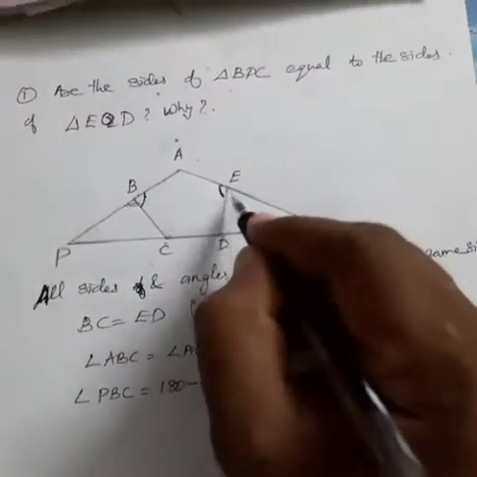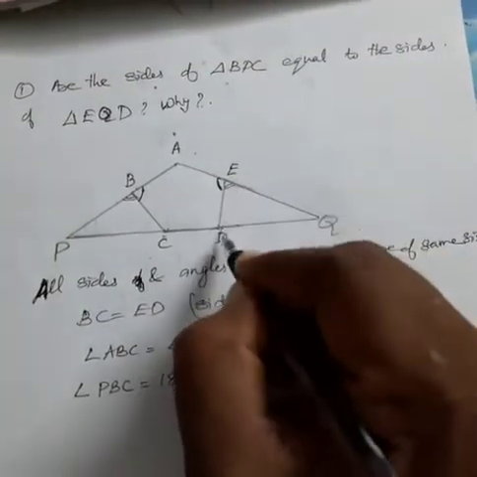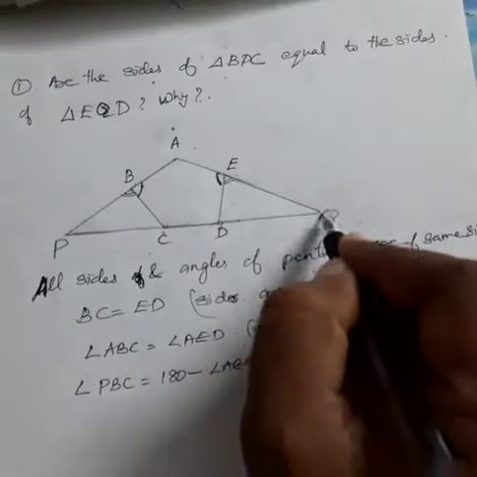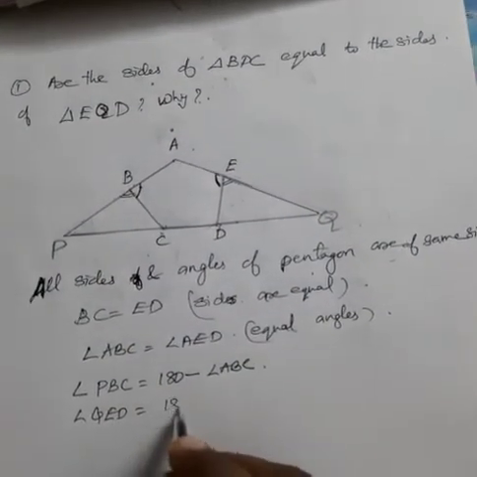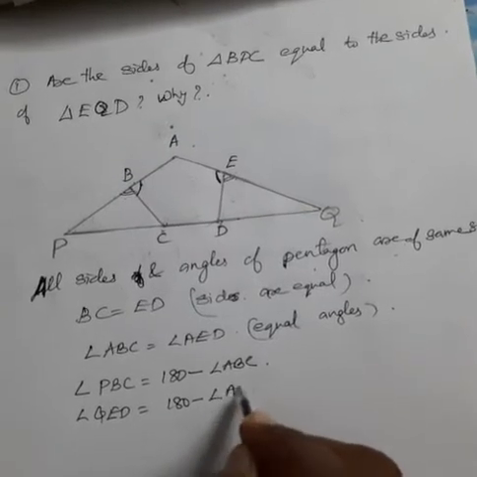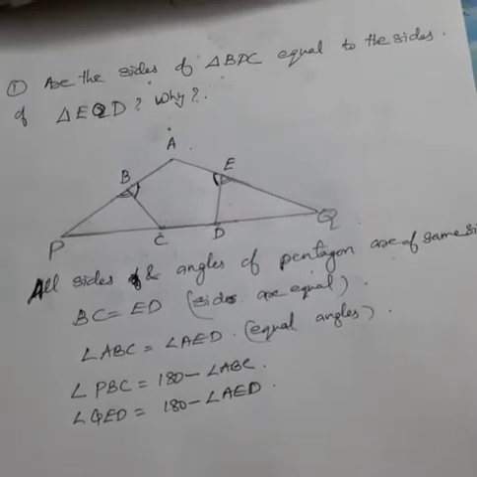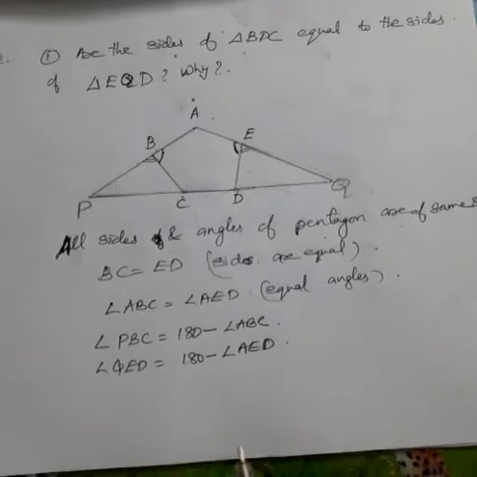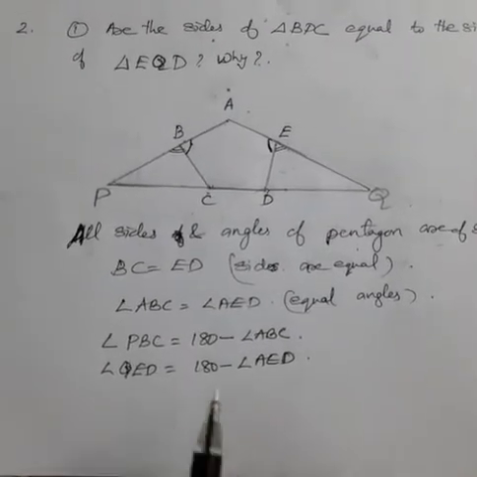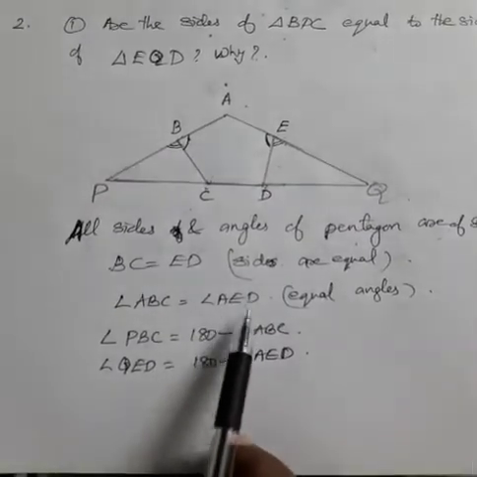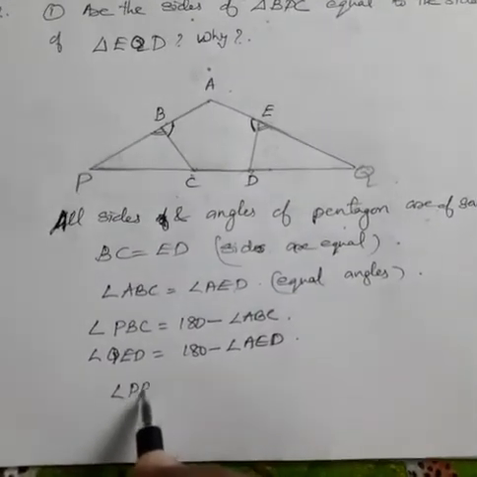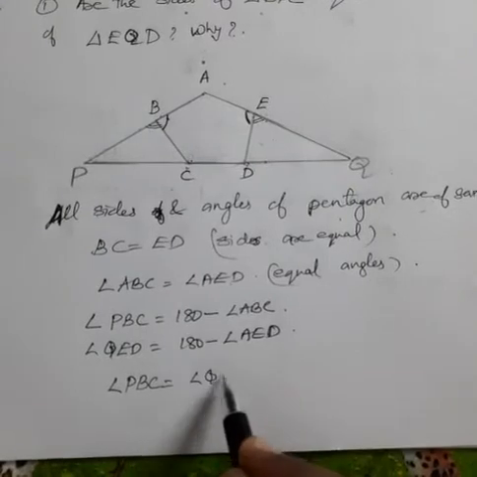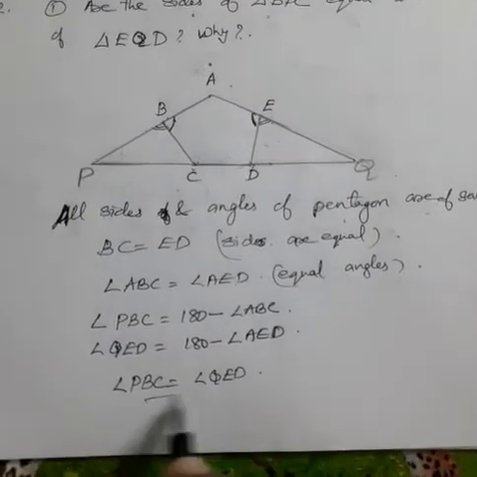Same like you can write the other linear pair, angle QED is equal to 180 minus angle AED. Angle ABC and angle AED are equal, so you can write these two angles are also equal. So angle PBC equal to angle QED.